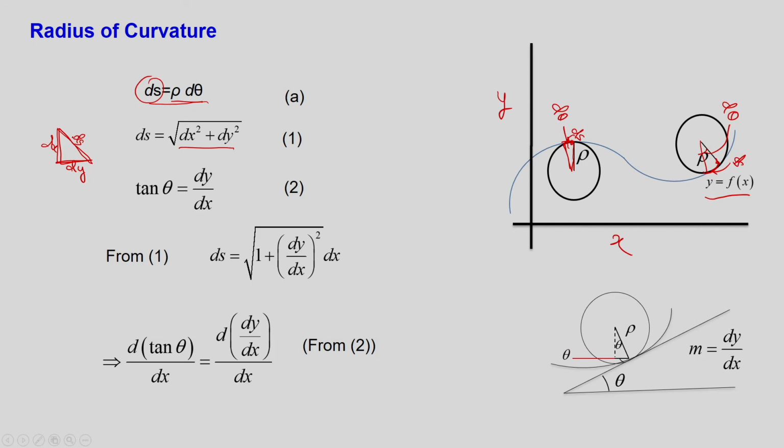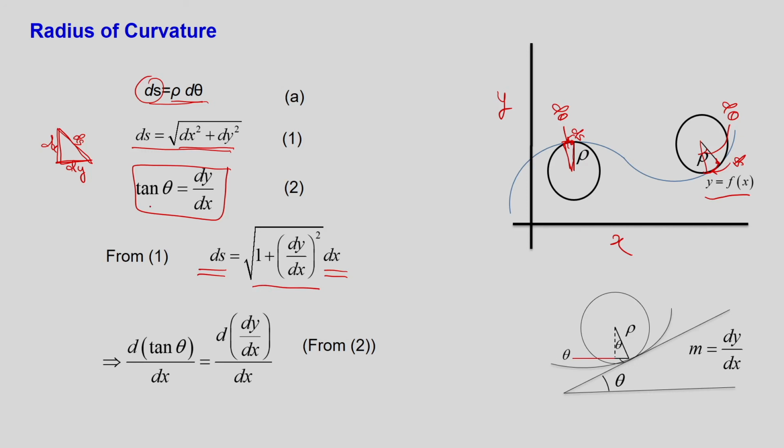So, you get ds square is equal to dx square plus dy square, from this expression 1. Now, tan theta also I can write as dy by dx. So, from 1, in place of ds, you take dx square as common, so dx comes out, 1 plus dy by dx whole square.